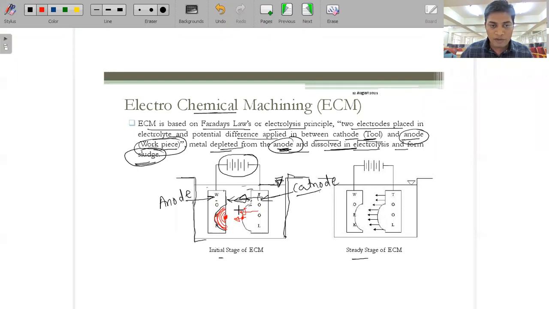Now, if this is the periphery, for example, this is the center and this is the radius, so basically we have to make a semi sphere. When this surface becomes the minimum gap, the tool has come over here like this.